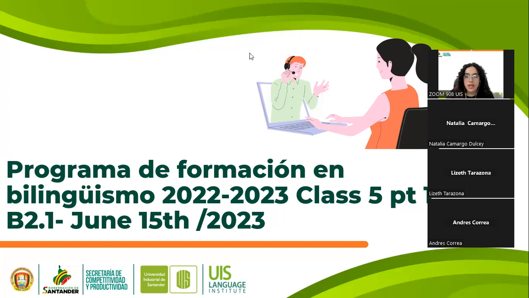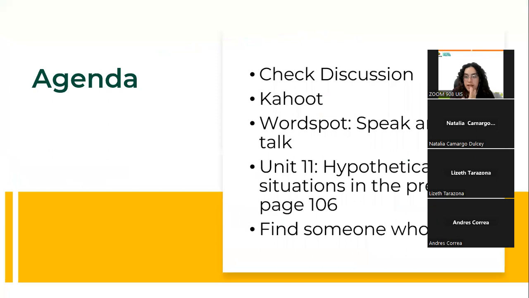So let me show you the agenda very quickly. We're going to check the discussion that you had yesterday during our class. So I'm going to check your answers very quickly. Then we're going to do a Kahoot activity just to review the topics of Unit 10. We're going to cover the word spot, so speak and talk.